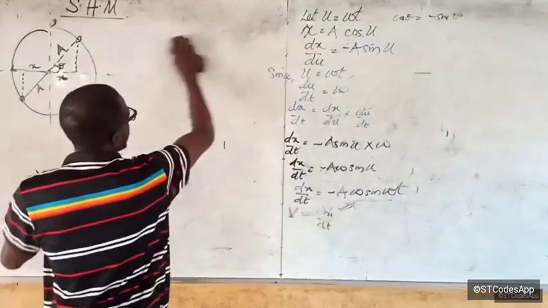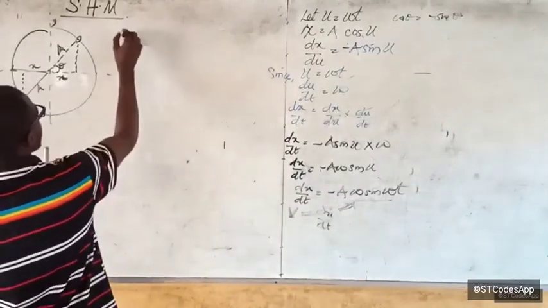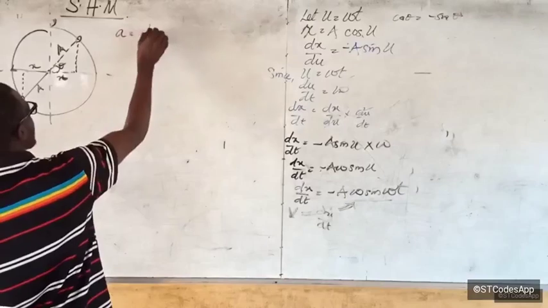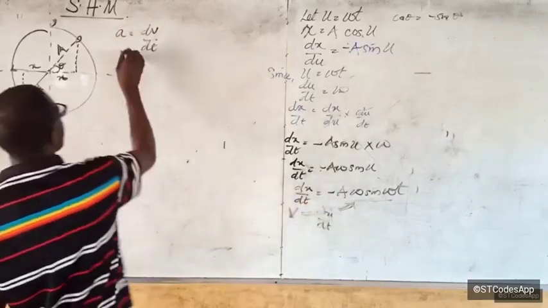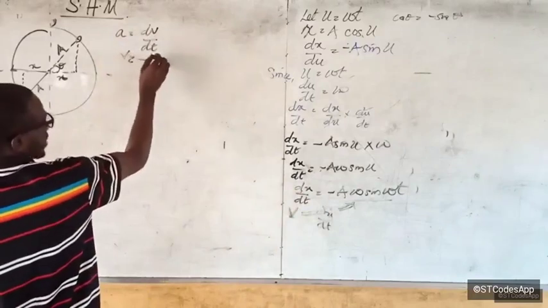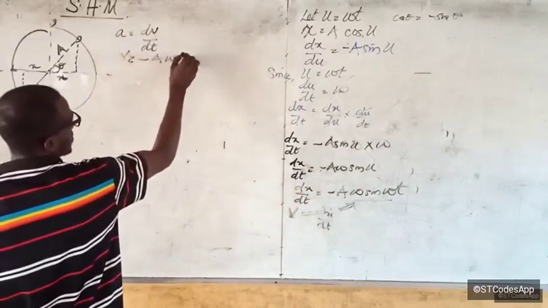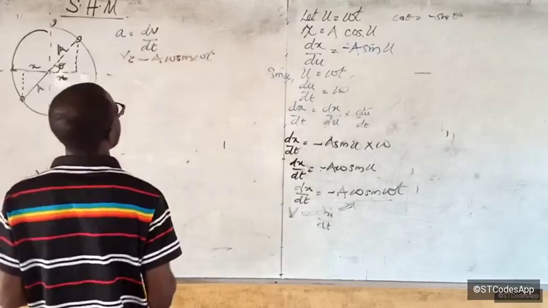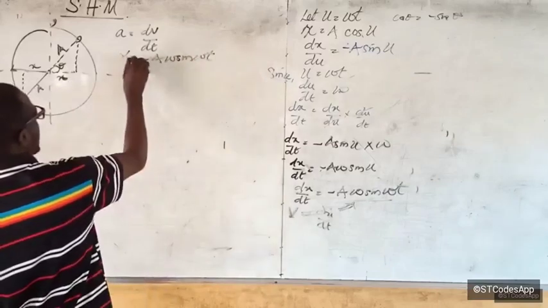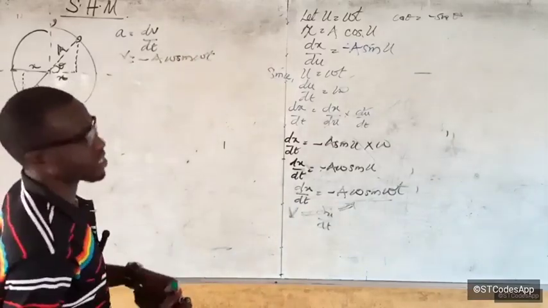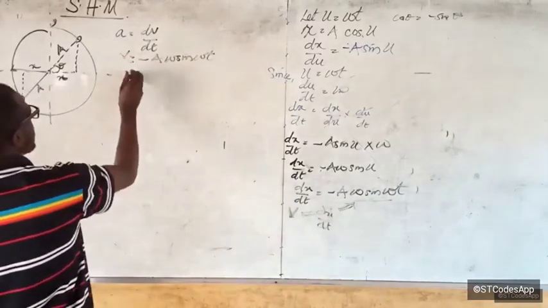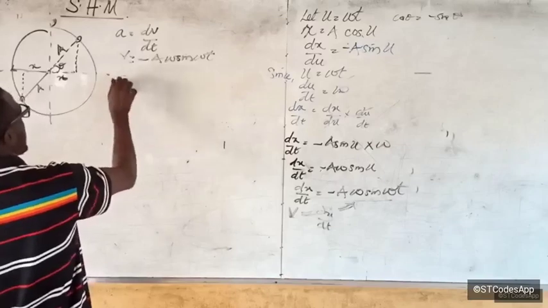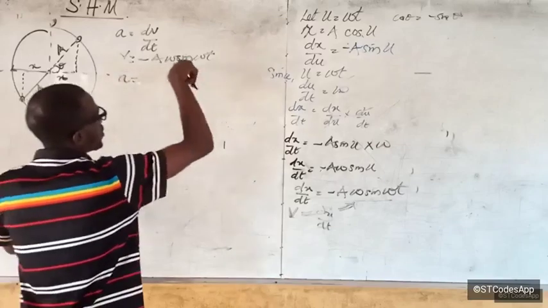Since you know that acceleration is dv/dt, so you have v to be this. So v is minus A omega sine omega t. I'm not going to work this out in full for us, but what you will get is this.